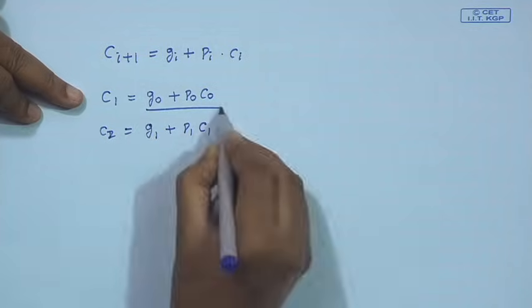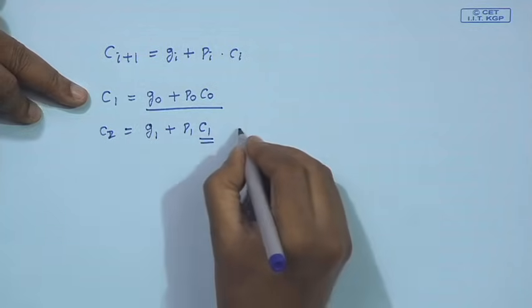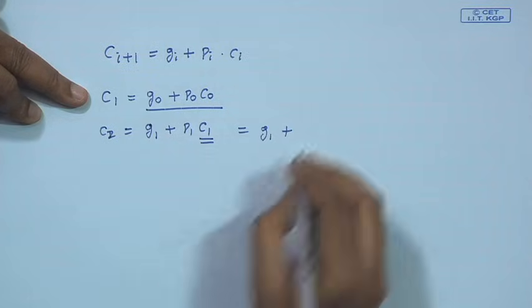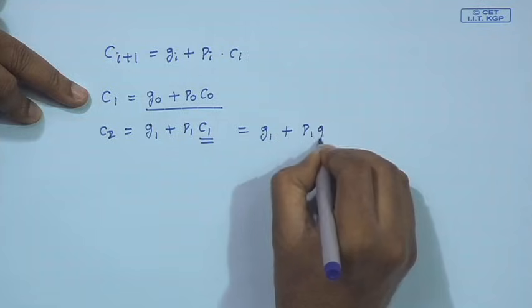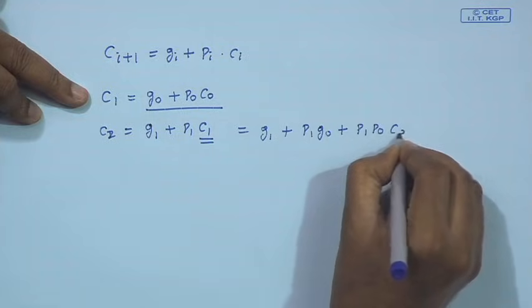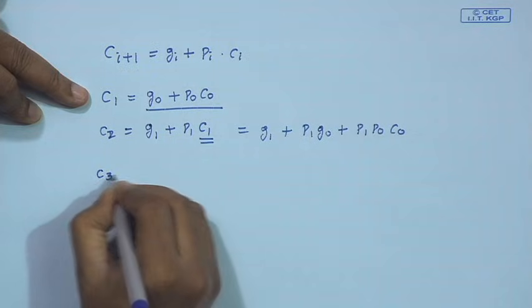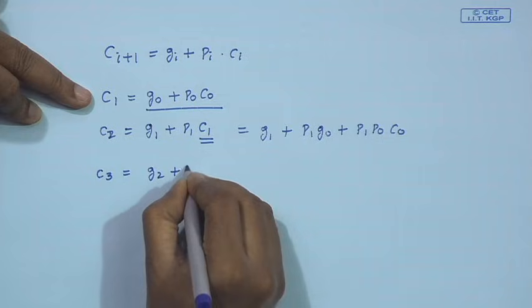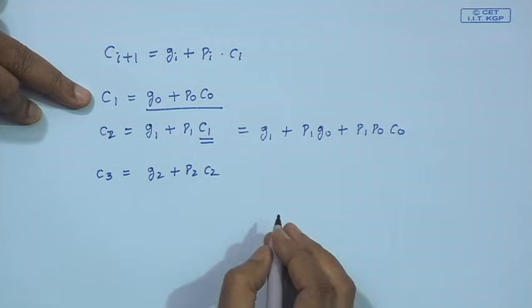Now, c 1 you have already got, so you can substitute c 1 here. So, this becomes g 1 plus p 1 multiplied by this, so p 1 g 0 plus p 1 p 0 c 0. You go to c 3, c 3 will be g 2 plus p 2 c 2.